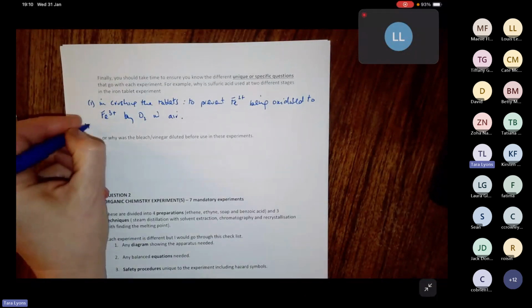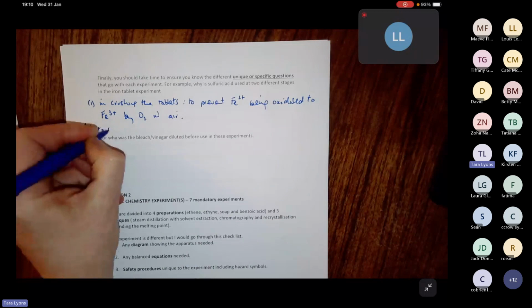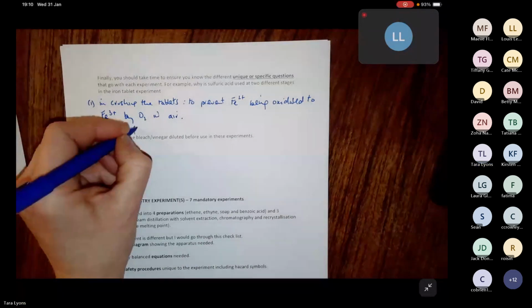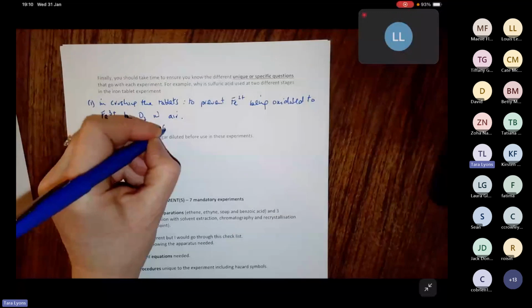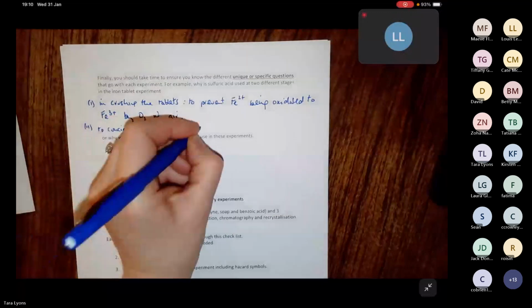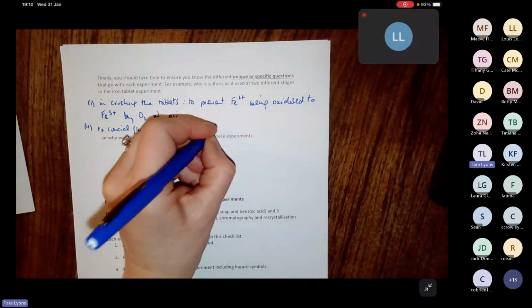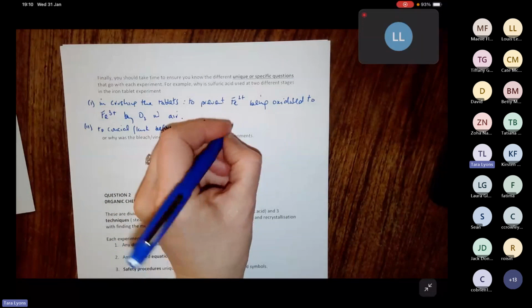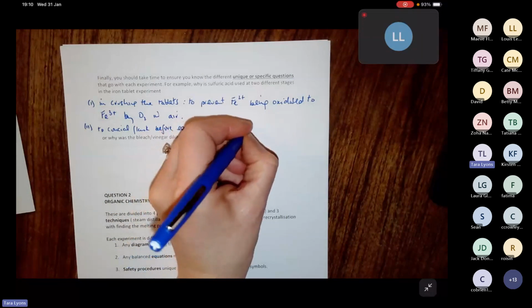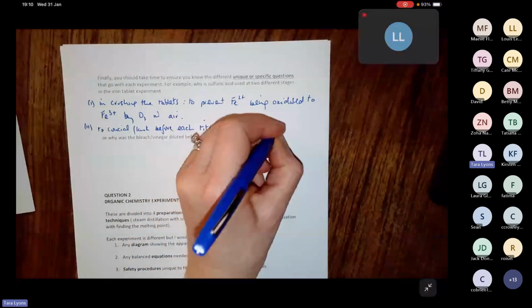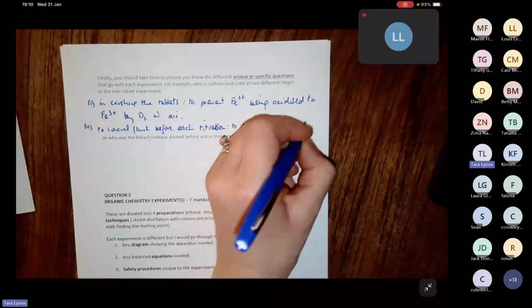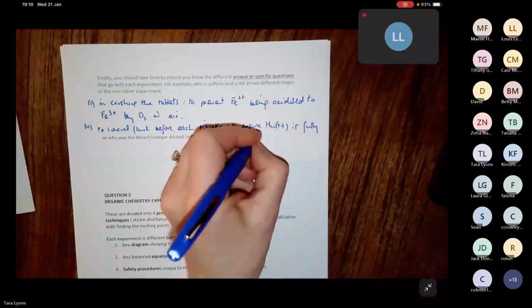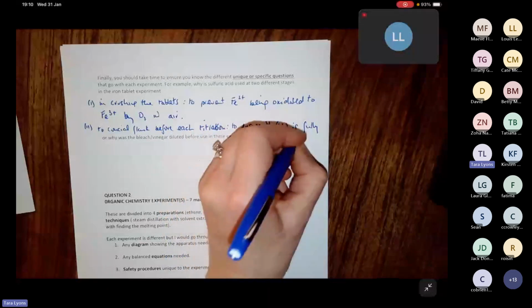And then we also added sulfuric acid to the conical flask before each titration. So later on in the experiment, we added more sulfuric acid to the conical flask before each titration. And why did we do that? Well, we did that to ensure Mn plus 7 in the KMnO4 is fully reduced to Mn plus 2.